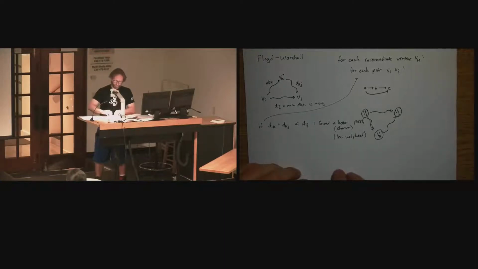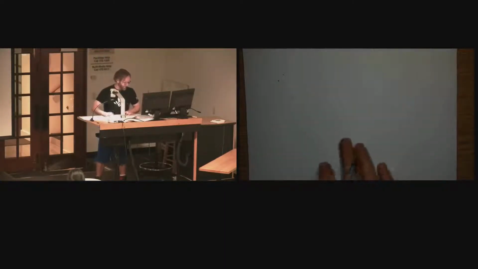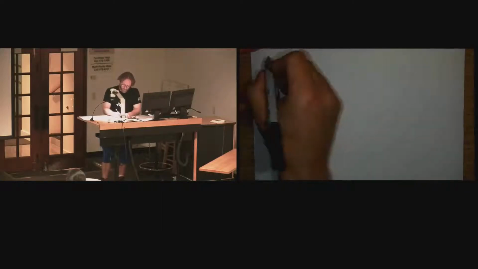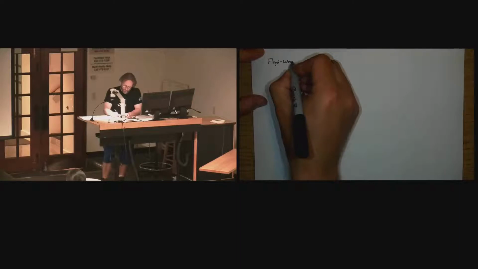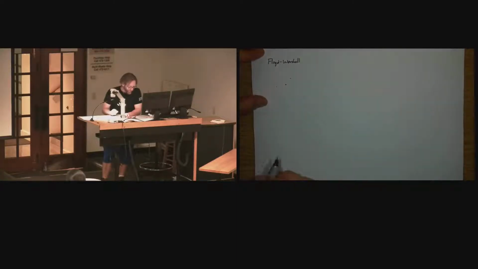Let's go ahead and be a little bit more formal about it. This is Floyd-Warshall. Now, the way that we're going to work this one is we're going to assume that the input is a matrix.